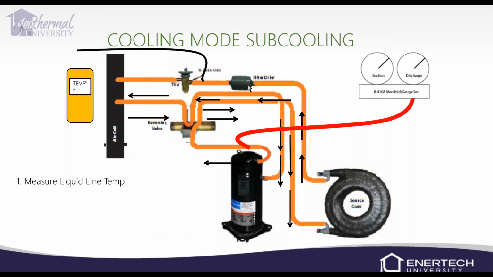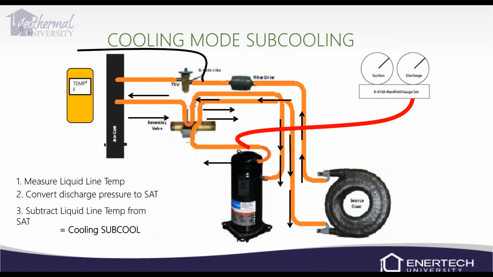So we try to put it on the cooling side, so we run the unit in cooling first, so it collects that debris before it gets to the expansion valve, but I have seen them put it on the other side. So the inlet for cooling is in between your source heat exchanger and your expansion valve. So again, you're just going to measure your line temperature, check your discharge pressure, and convert that to temperature, and then do the math, and that gives us our subcooling.